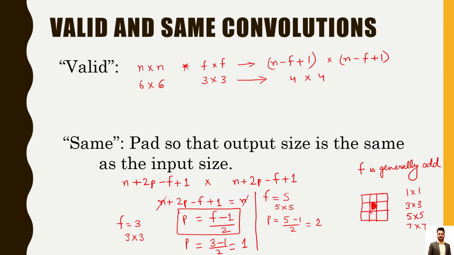Why? Because it is easier to find the midpoint in case you have an odd size filter. If it is an even size filter, let's say 2 cross 2, then it will be unable to find the middle value. So this filter value is very important, and you will want this center value to be accessible.